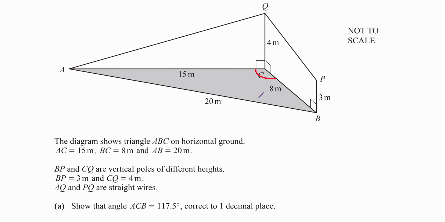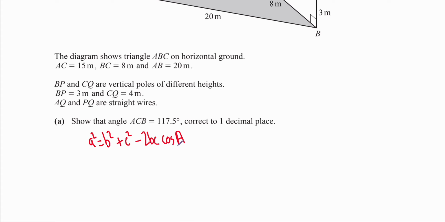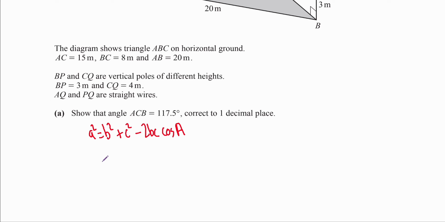The perfect place to use the cosine rule is this right here. The cosine rule says a squared is equal to b squared plus c squared minus 2bc cosine of A. Now we need the angle, so we need cosine of A on its own. If we rearrange the equation, let's bring the minus 2bc cos A to the other side.